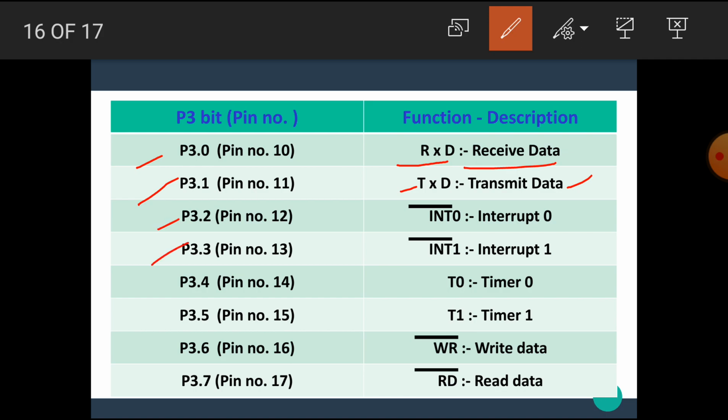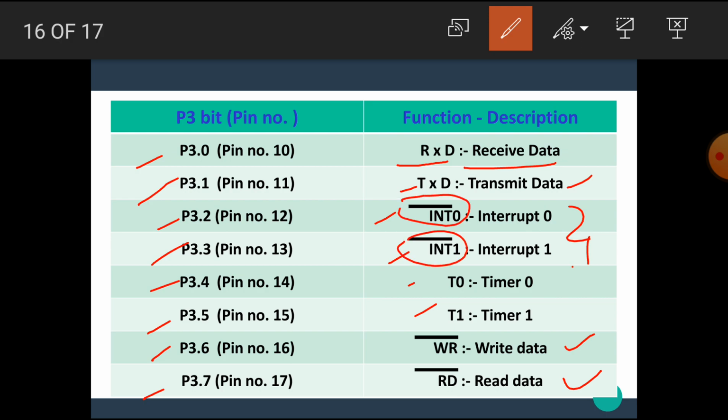P3.2 and P3.3 are INT0 and INT1 pins. These are the external interrupts. P3.4 and P3.5 are T0 and T1, which are used for the timer operations. P3.6 is used to write data. P3.7 is used to read data.